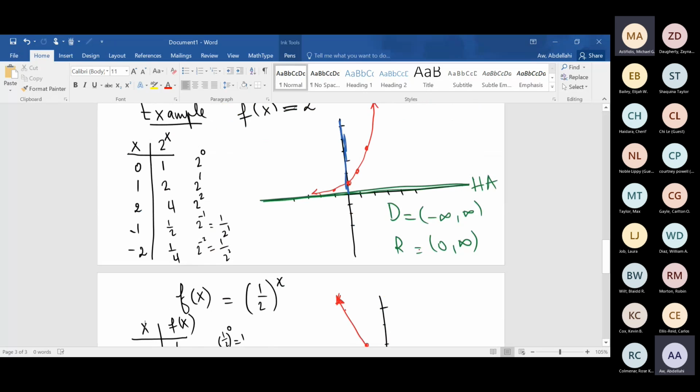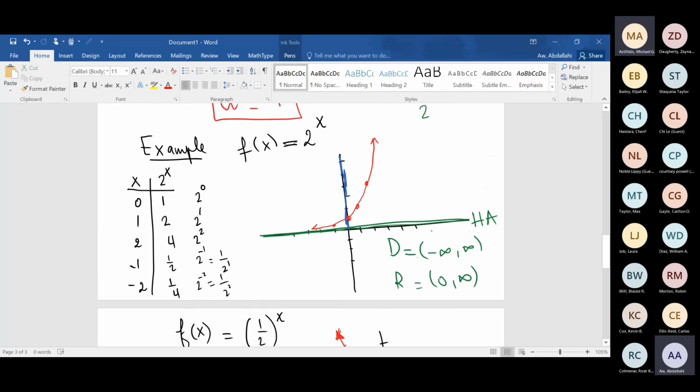Can somebody tell me when the graph will be increasing? If the base is what? A whole number? 2 is a whole number, of course, but there is a more accurate definition. The exponential function will be increasing if the base is greater than 1, like base 2.